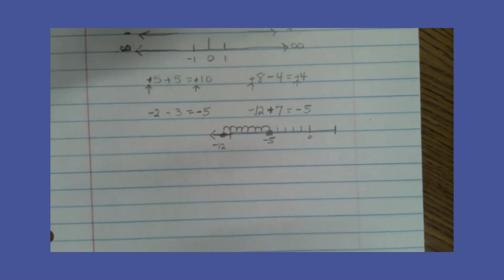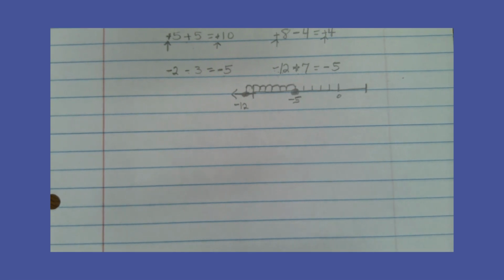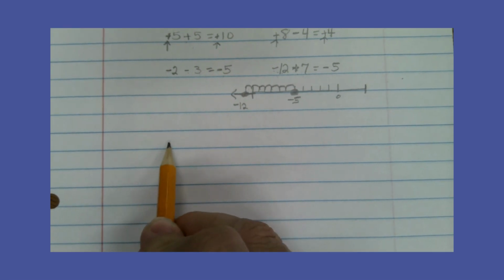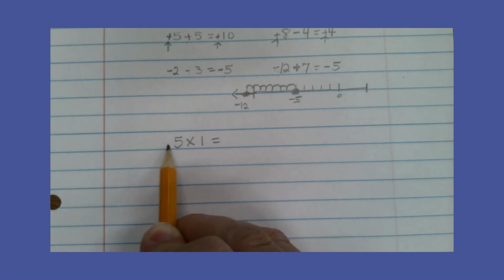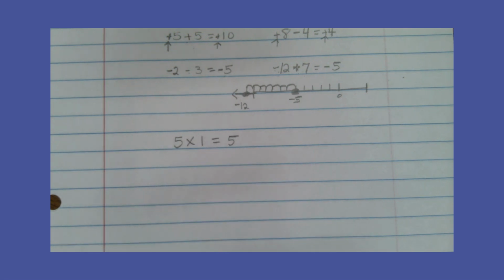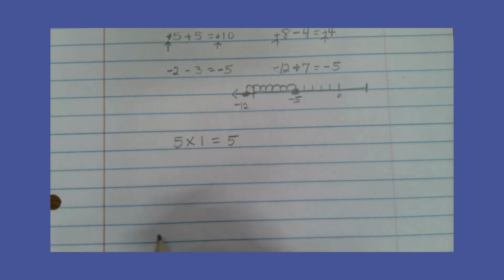Now, when multiplying, we have another rule. When you multiply, you're going to have a positive times a positive equals a positive. That goes back to what you learned in elementary school. 5 times 1 is 5. Positive times a positive equals a positive. Well, you ever heard of don't use double negatives in English class?